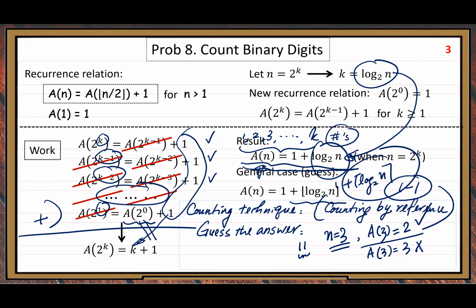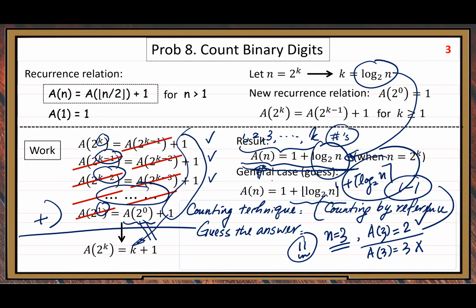You may argue that A means something different, but we also know the recurrence relation is exactly the same as our original recurrence relation, so the meaning is the same. That's why we can use this simple example for checking.